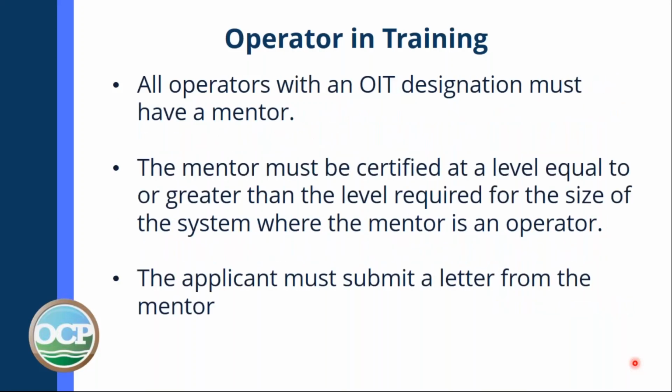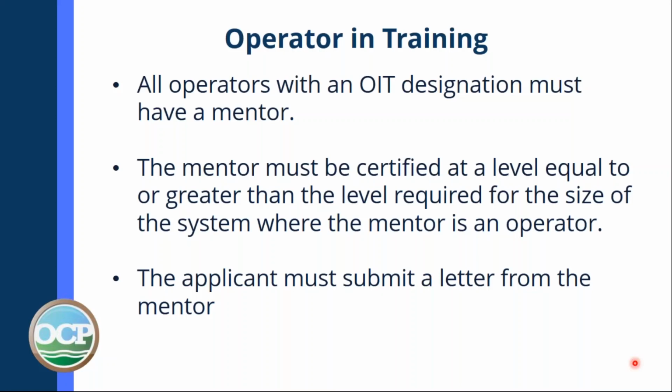The operator in training must have a mentor. This is somebody who is certified at a level equal to or greater than the OIT application. So if you're going for an OIT 1, your mentor can be certified at any level. But if you're going for a 2, it has to be 2, 3, or 4.